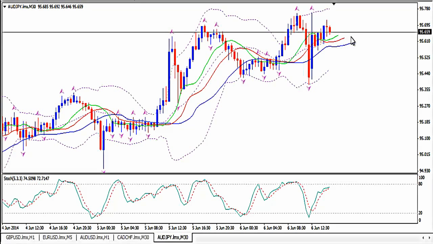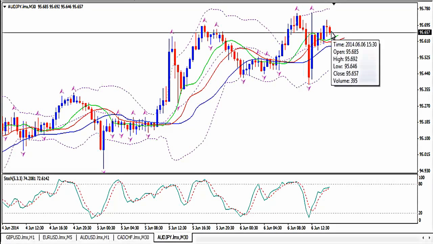So, well, I don't like this point. We could enter now, but I don't like this point much.